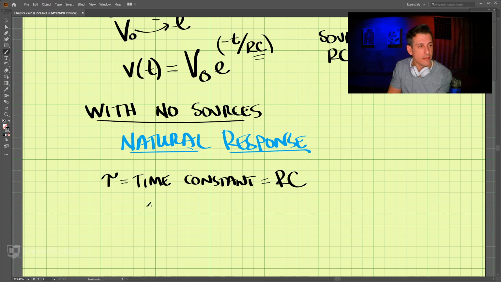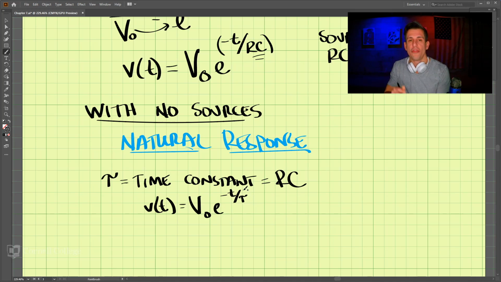So we can rewrite the equation as V of t is equal to V naught e to the negative t divided by tau. That makes it more general, so we can use it for different values of R and C. As long as we have R times C, we can find this time constant.